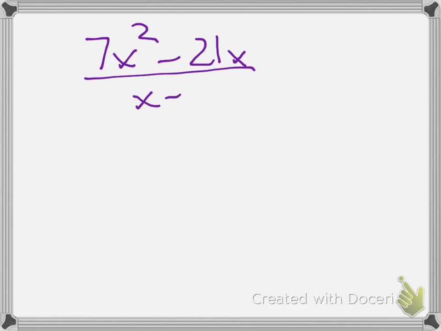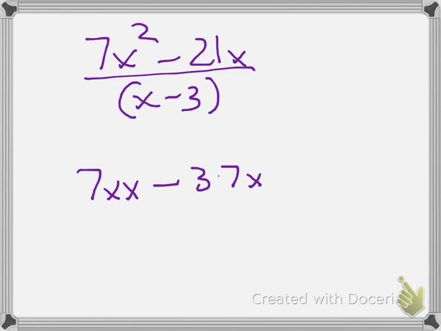Let's see, we're going to try one more. Let's try this one. 7x squared minus 21x over x minus 3. This one's a little bit easier because it's not a trinomial in the numerator or denominator. This is already done. Well, all we have to do is, here, we're going to do the prime factorization. So the numerator's 3 times 7 times x.